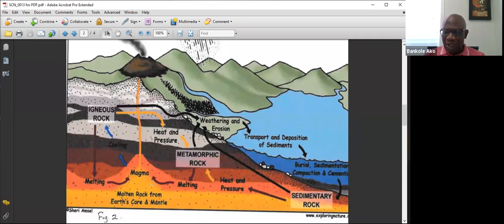There's a difference. Again, when we talk of minerals, we have ore deposits as distinguished from the gangue. The ore deposit is a mineral deposit that can produce to make profit.